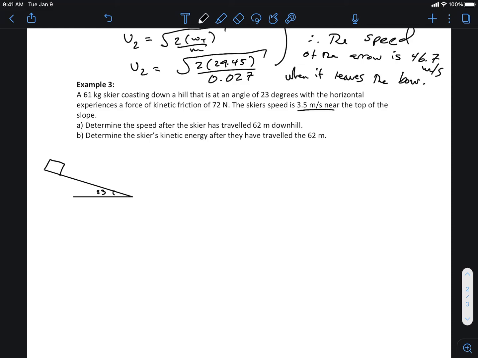What are the forces acting on the skier? Well, we've got the force of gravity. We're going to have the normal force as per usual, perpendicular to the surface. And we're going to have the force of friction pointing backwards because it's opposing the object's motion down the hill. And then we can break that force of gravity up into components as per usual.